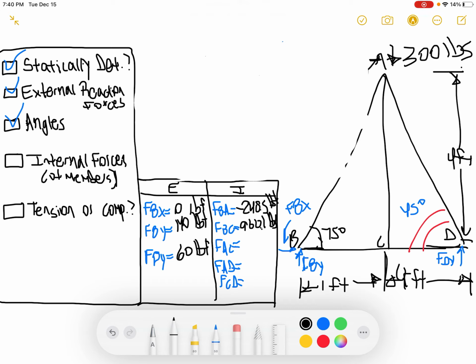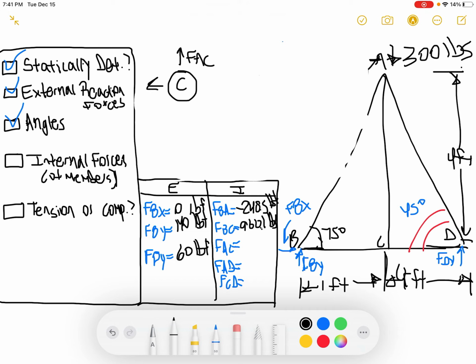Remember, we drew a free body diagram of joint B. Now we have to draw one of point C in order to find some more forces. So we have up FAC, that is this, and we also have this and this that are drawn to the side of it.